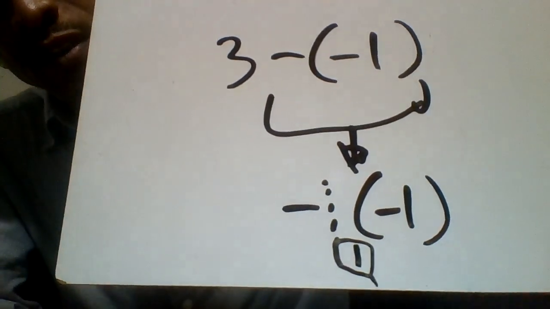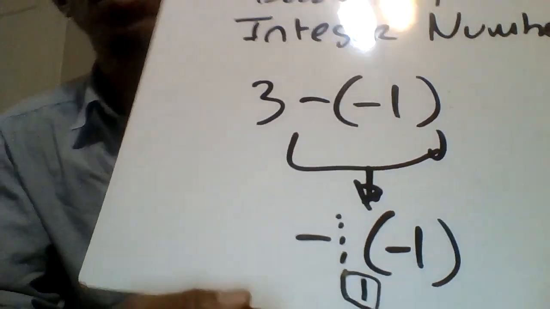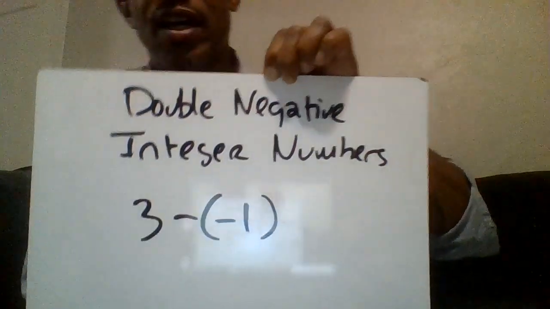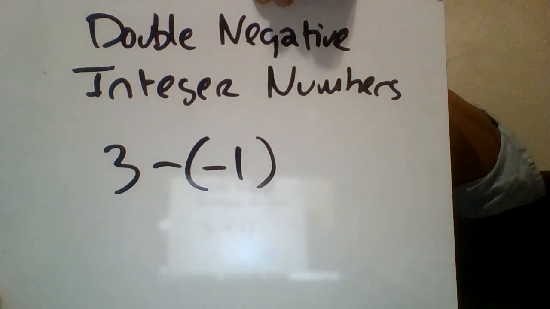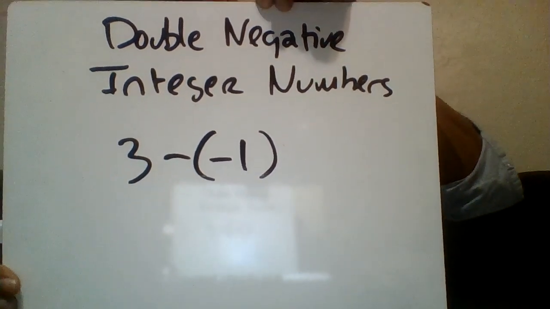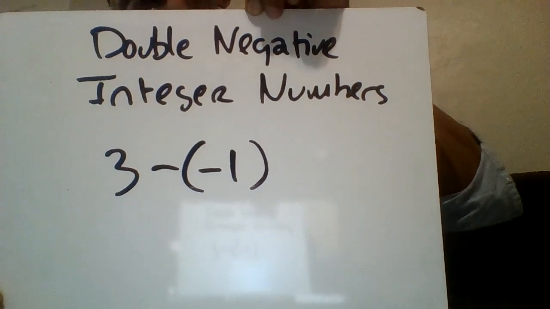Positive 1. So that's one way to see it. Another way to see it is that that's just the rule. Double negatives equals positive. We can show you the number line.